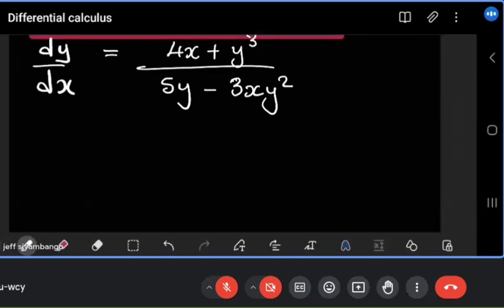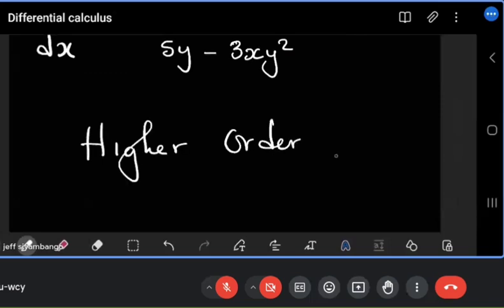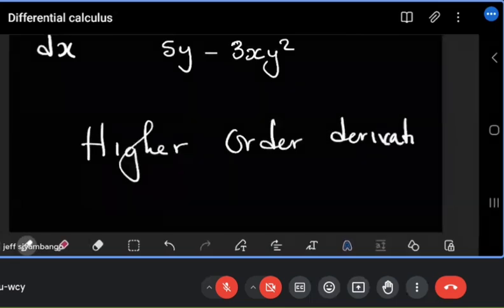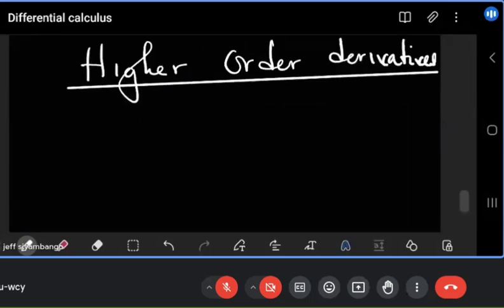The next thing we want to look at is higher order derivatives, especially when it's about implicit functions. I've come to think that's where you're likely to find a little bit of trouble. But let's start with the more basic ones.